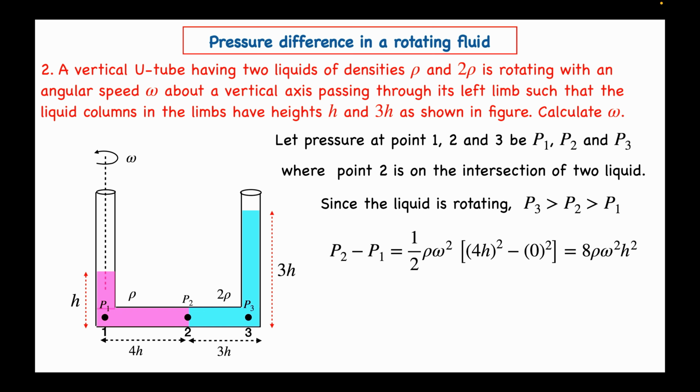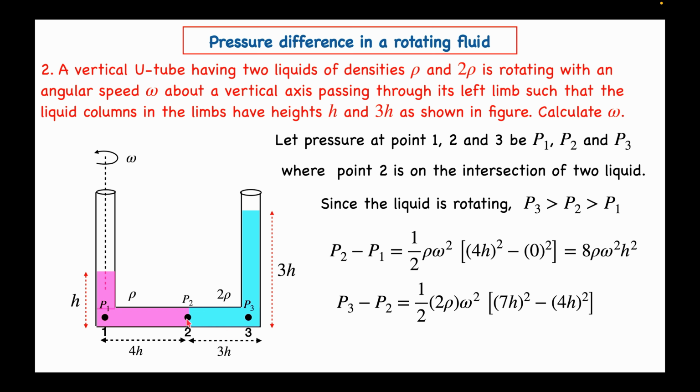P2 minus P1, that is the difference in pressure between point 2 and point 1, equals half rho omega square (4h) whole square minus 0 square. Here, point 1 is situated on the axis of rotation and point 2 is at a distance 4h from the axis of rotation. So we get P2 minus P1 equals half rho omega square (4h square minus 0 square) equal to 8 rho omega square h square.